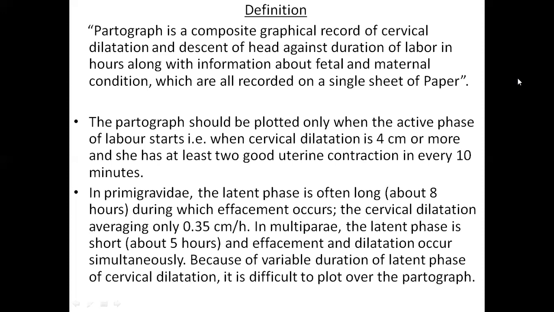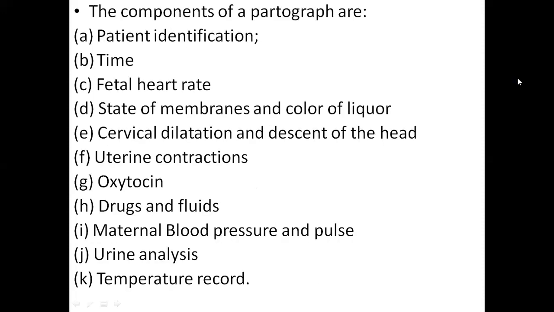In multipara, the latent phase is short, about 5 hours, and effacement and dilatation occur simultaneously. Because of its variable duration, it is difficult to plot the latent phase over the partograph. So it is removed from the new partograph.